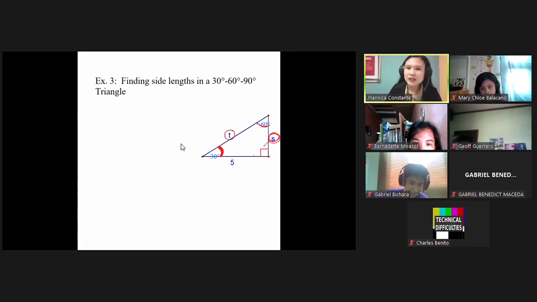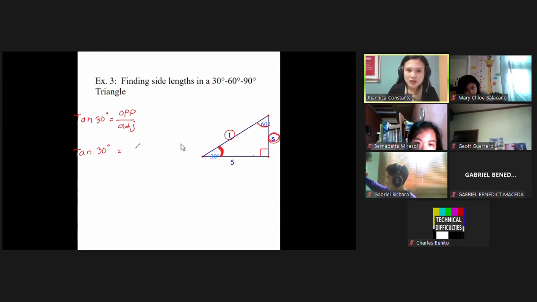So we have the ratio, which is opposite over adjacent for angle 30 degrees, and that is tangent. Opposite over adjacent is the ratio of your tangent. So tan 30 degrees, opposite is your side S, and adjacent is 5.